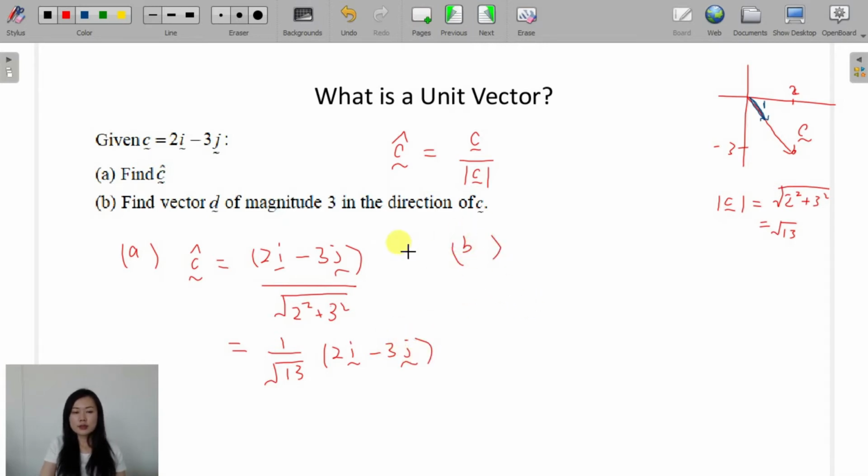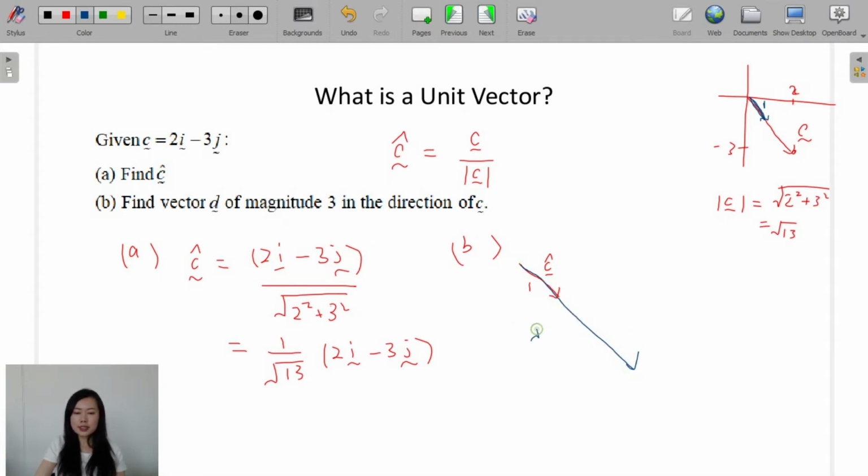All right, so next we want to find a different vector of 3 units but in the direction of C. Imagine what we have right now: a unit vector, which is 1 unit pointing in a particular direction. We want to create a vector D which basically makes this 3 times.